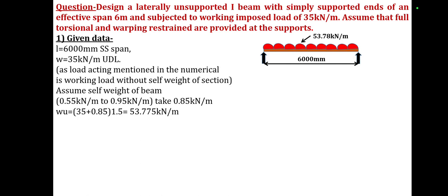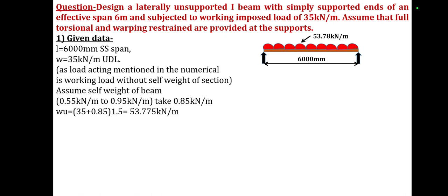That's why we are assuming it between 0.55 kilonewton per meter to 0.95 kilonewton per meter, and from this range we are taking a single value of 0.85 kilonewton per meter as the self weight of the beam.